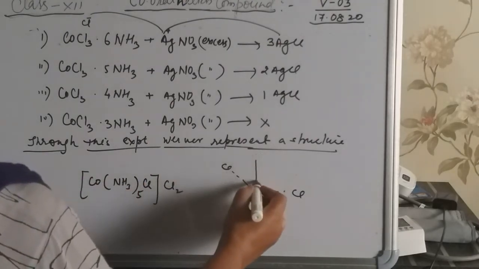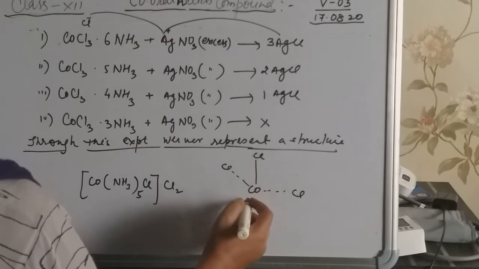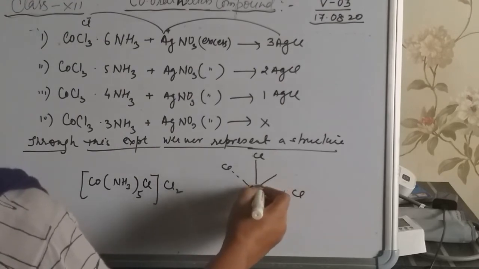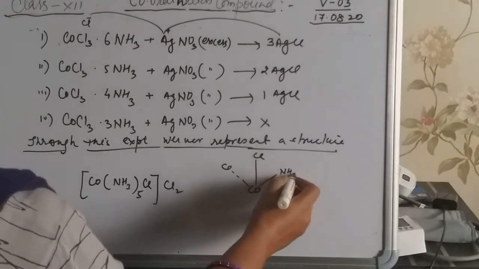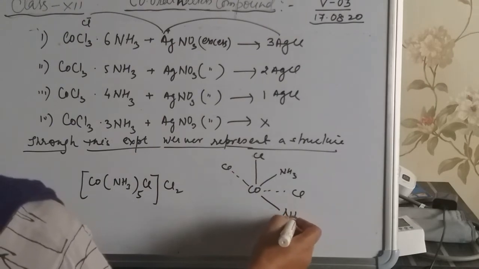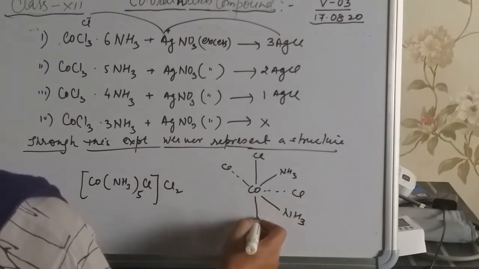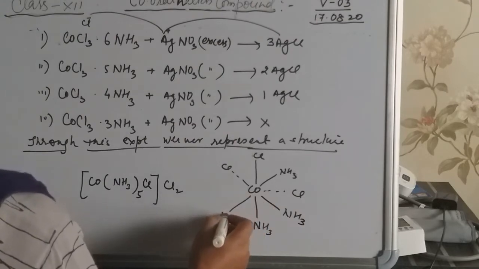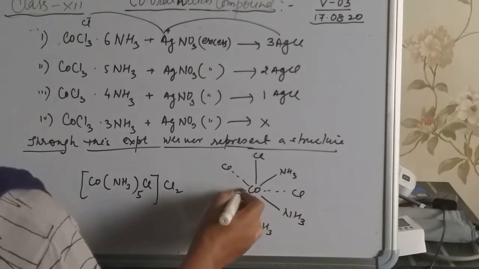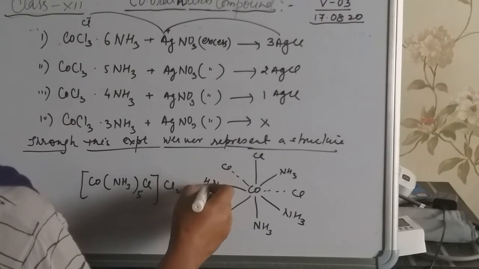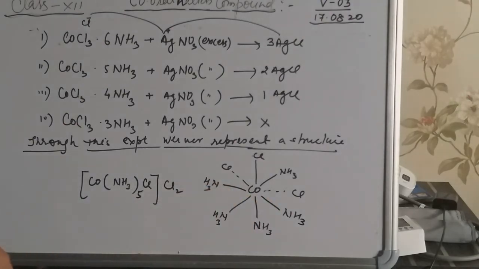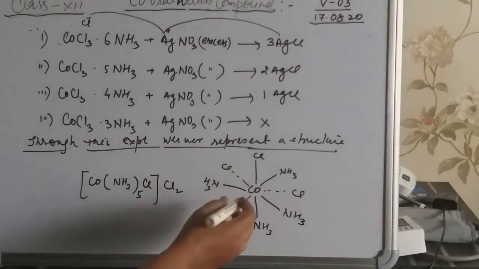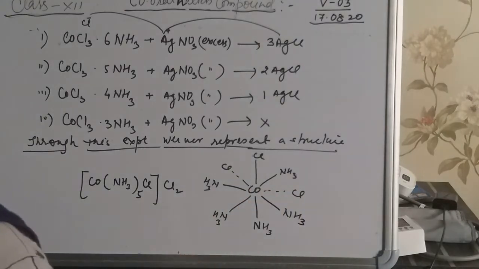So 1 here, 2, 3, 4, 5 and 6. So the dotted line represents the primary valency, and the dark or solid line represents the secondary valency.